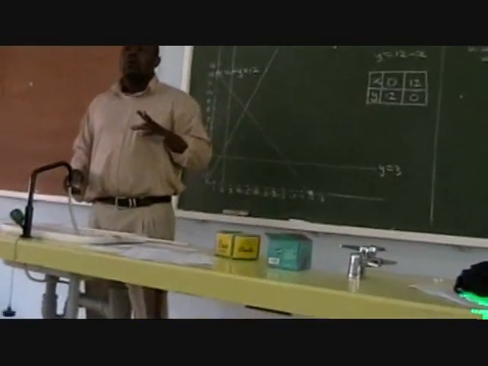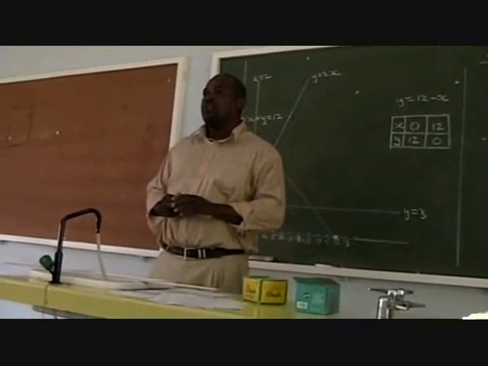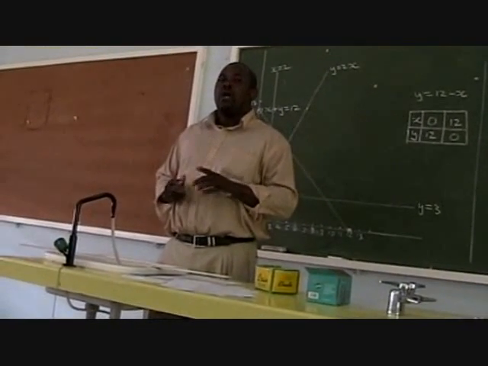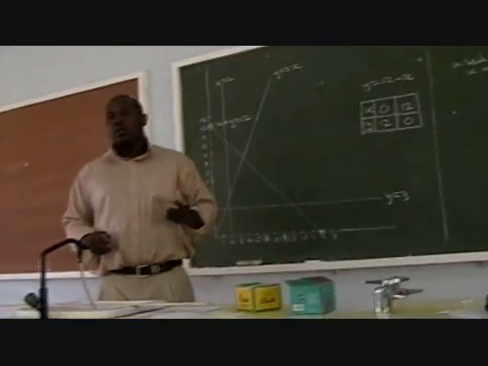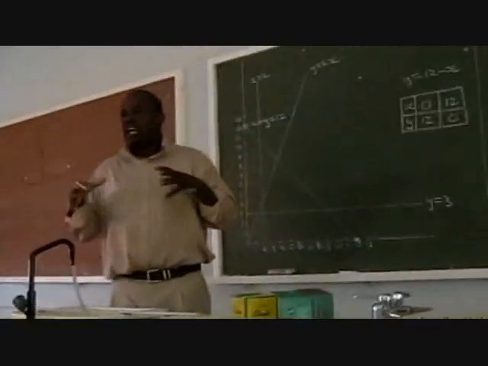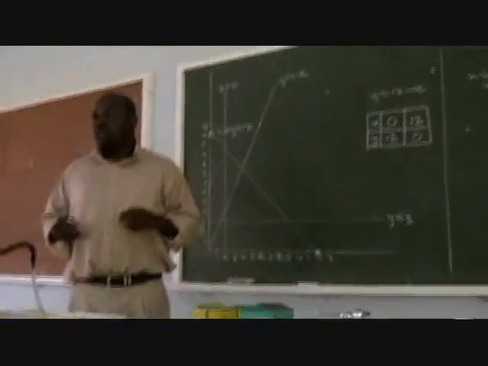But one of the ways I want to show you is by testing the points, and we are going to shade the unwanted area. If we shade the unwanted area, we will be left with an area that is unshaded, and it's the unshaded region that will be the common region.